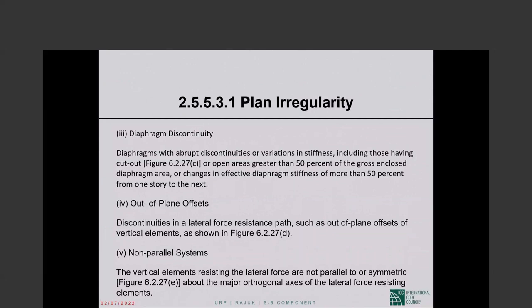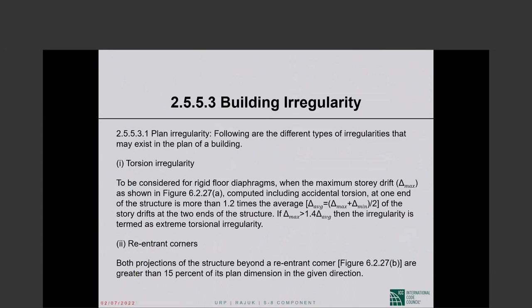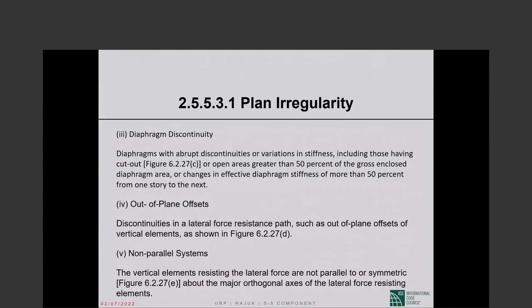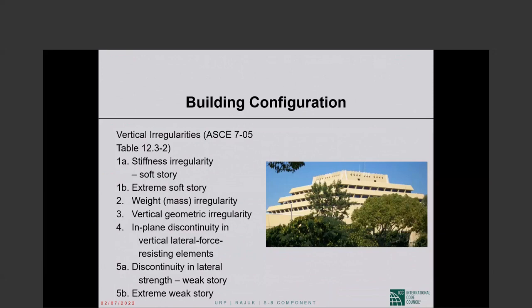So the categories 1 through 5 that we saw here are described for you, if not defined for you. Some cases it is defined for you by BNBC in section 2.5.5.3.1. I will not read them today because tomorrow's seminar I want to devote almost entirely to this topic of structural irregularity. This is why I'm not, BNBC is not covering any new ground. Otherwise, I would have gone there.